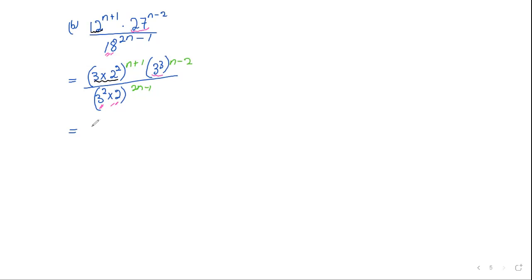It's going to be 3, careful, n plus 1, and then 2, 2n plus 2, sorry, and then that is 3 to the 3n minus 6. And then this becomes 3 to the 4n minus 2, 2n minus 1.